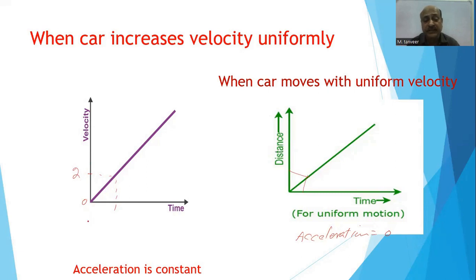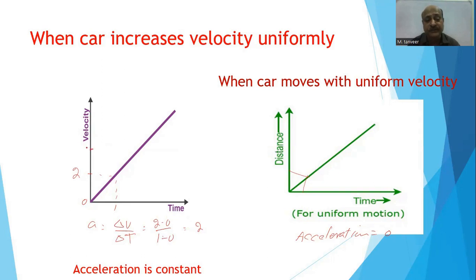Acceleration equals delta V divided by delta T, this is the basic formula for acceleration. Delta V is 2 minus 0, change in velocity, and time is 1 minus 0. Acceleration is 2.